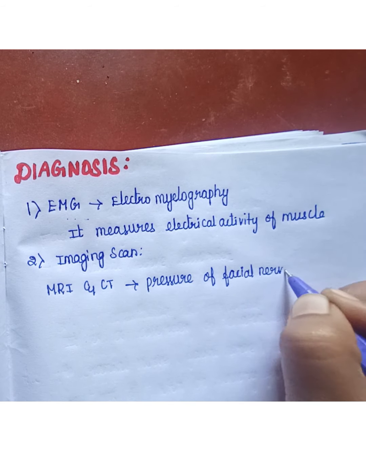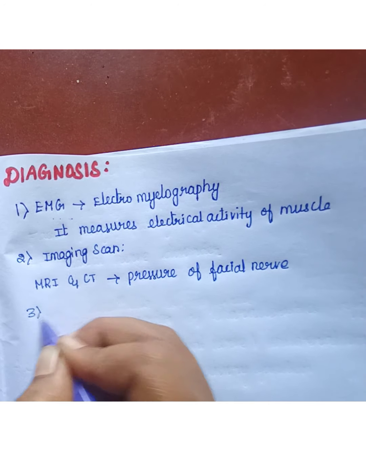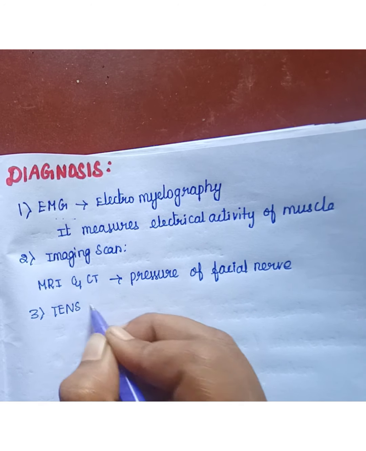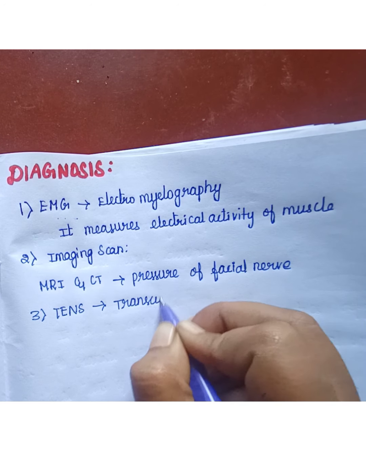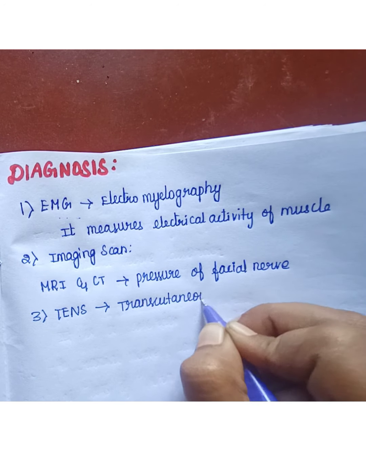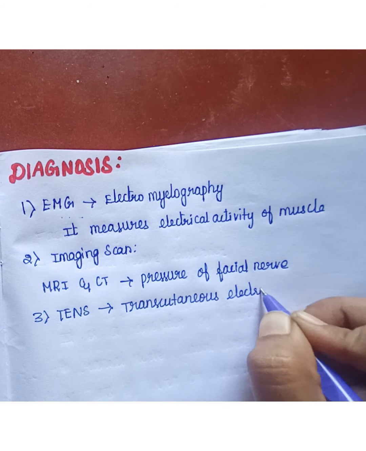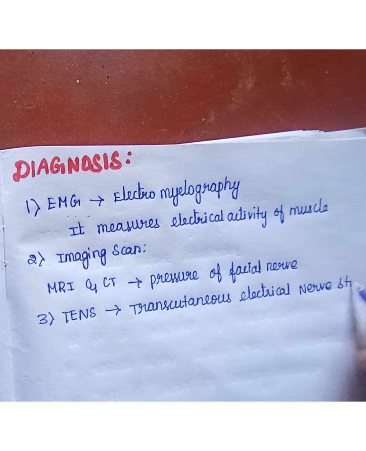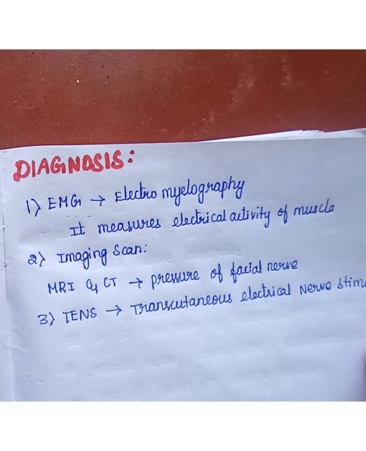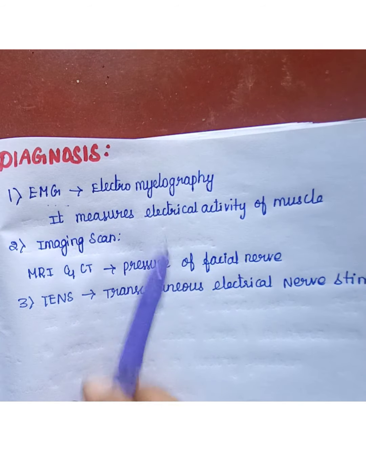Next one is TENS, which means transcutaneous electrical nerve stimulation. So these are the diagnoses of Bell's palsy.